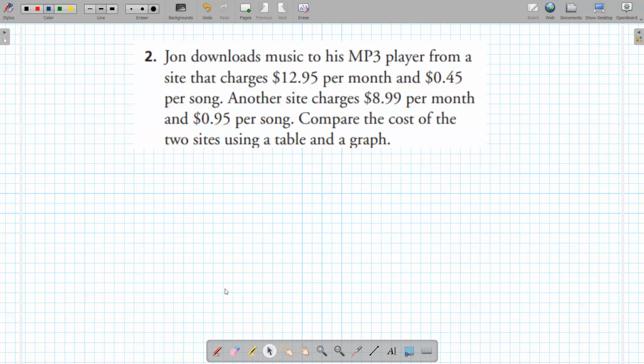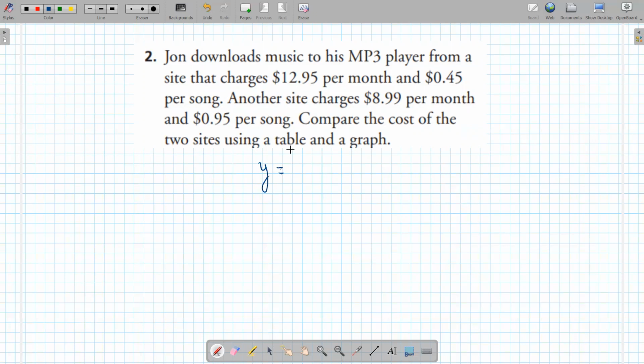So he downloads music from a site that charges $12.95 and 45 cents per song. What would be the equation in this case? So this one's gonna look something like this.